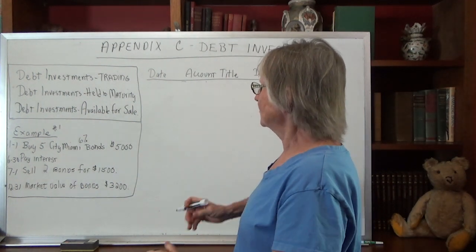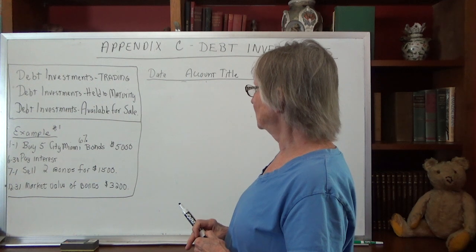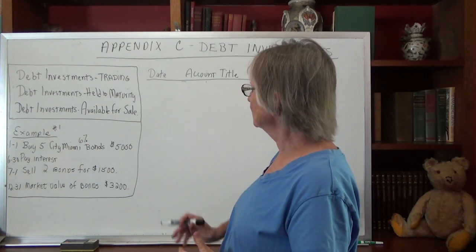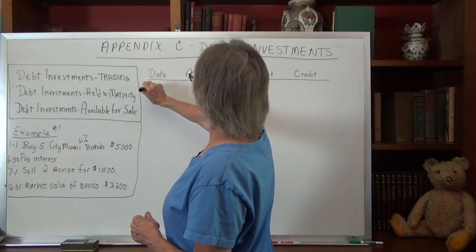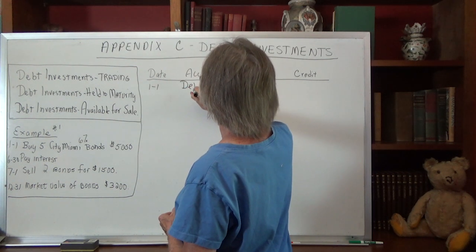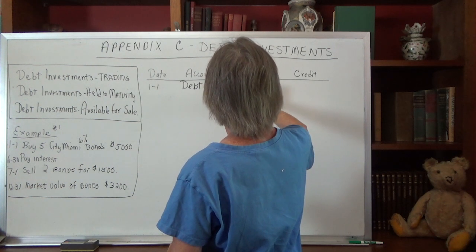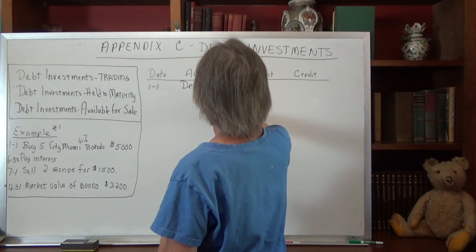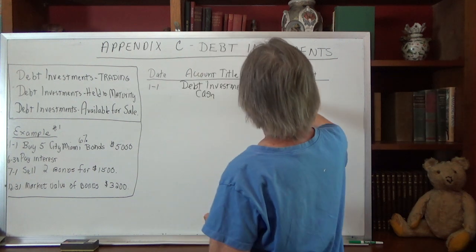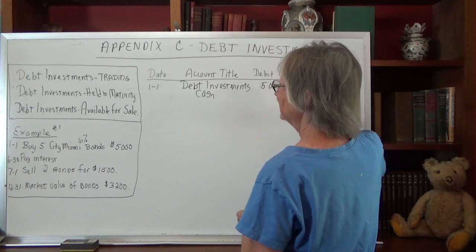Say we buy $1,000 City of Miami bonds that pay 6%, and we pay $5,000. So let's just start here, 1-1. We would have our debt investments, and presumably we would pay some cash. Since we're ignoring transaction fees, it'll just be $5,000.